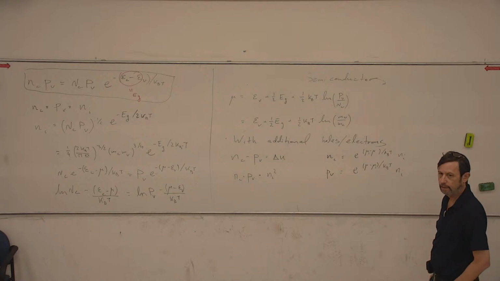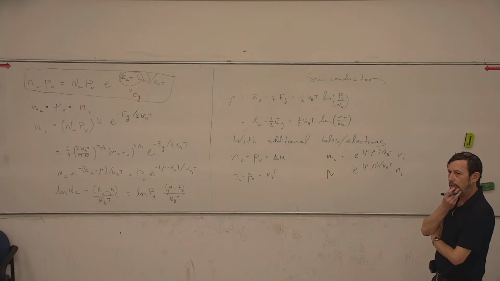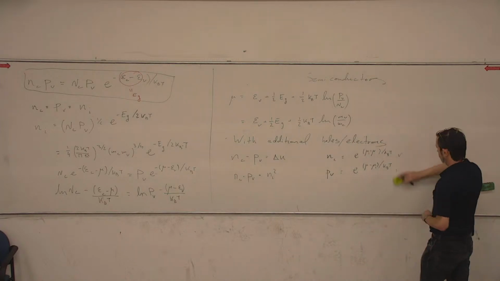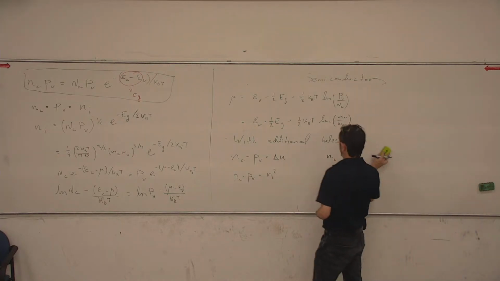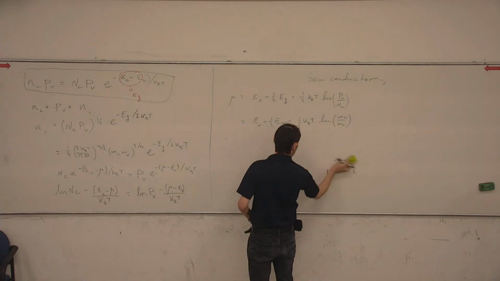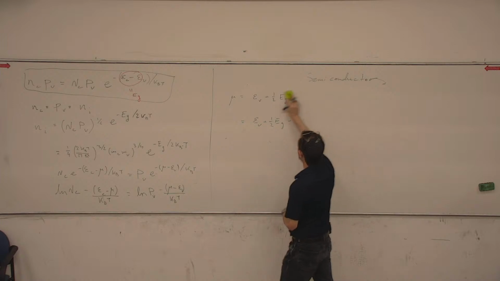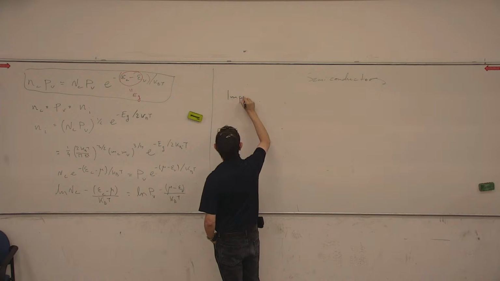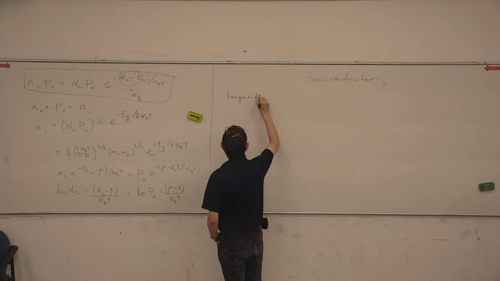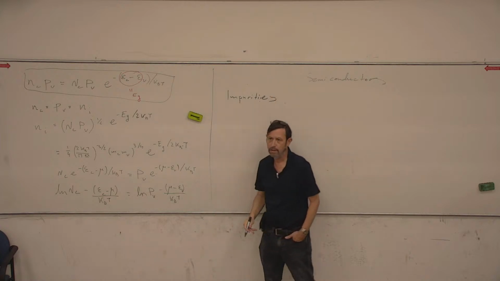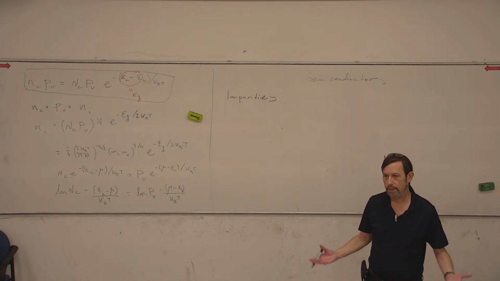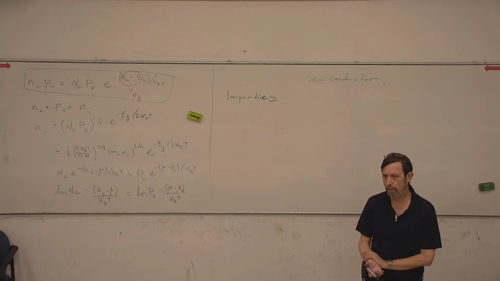Okay. So, what is an impurity? Let's say I have a lattice, a silicon lattice, a germanium lattice, whatever lattice.